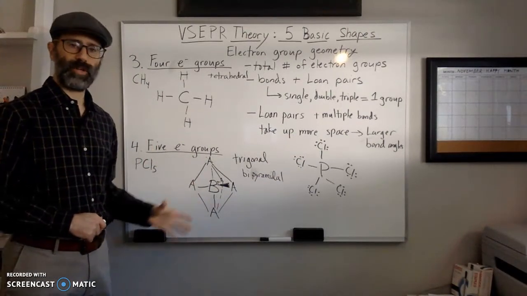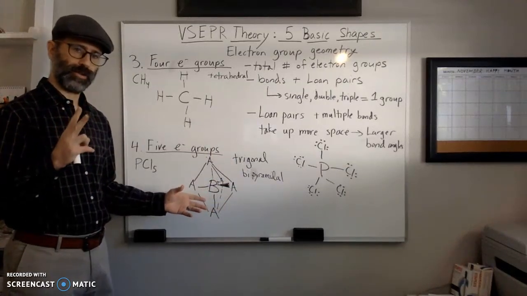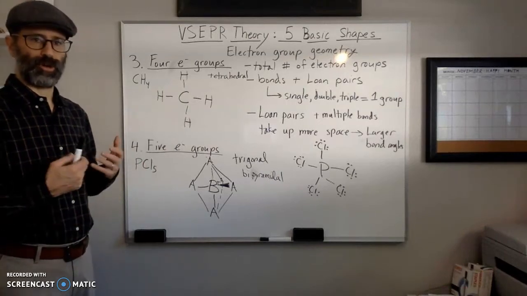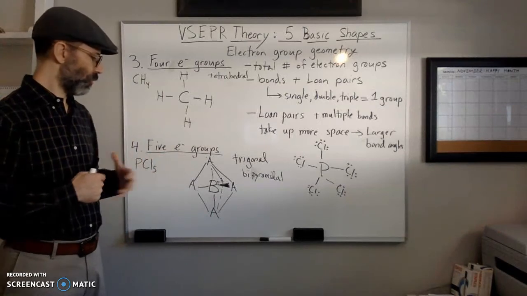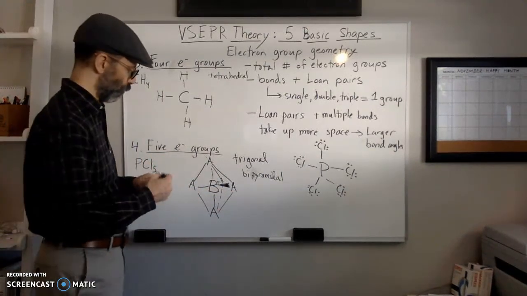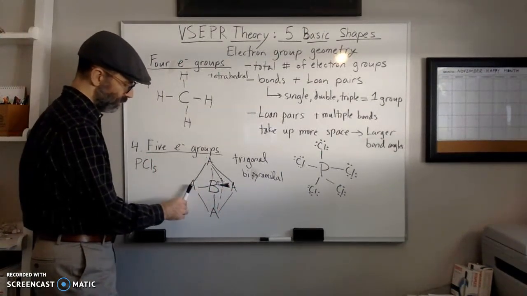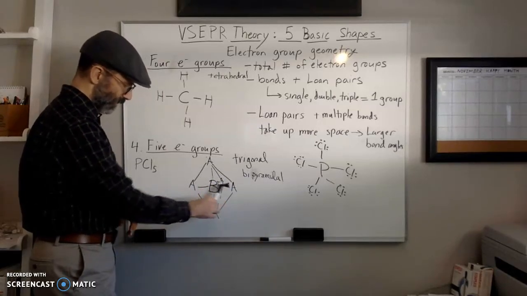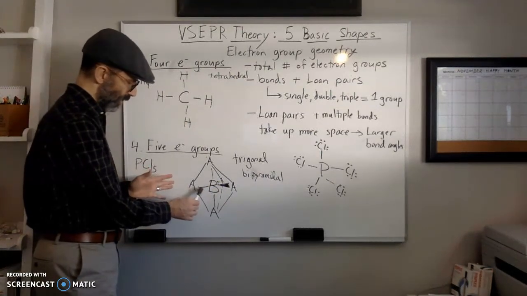Now, the angles here, when you have a Trigonal Bipyramidal, you have 2 angles. You have what is called the Equatorial Angle and the Axial Angle. And if you're following my Earth analogy, then the Equatorial Angle and the Axial Angle makes sense. So if this is my globe, if the central atom is my globe, then the atoms here on the equator of that globe, they form an equatorial angle.